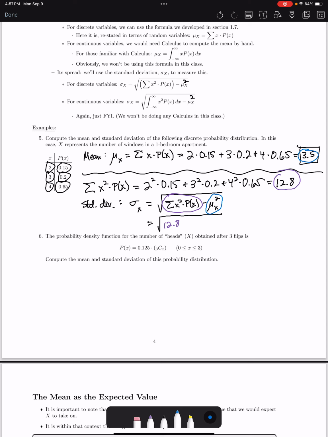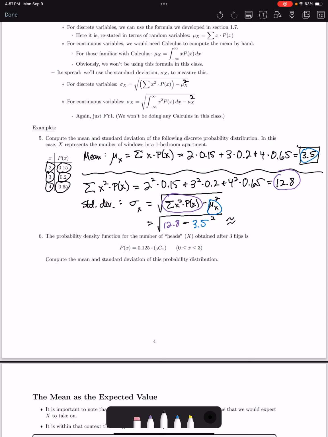Only we have to square the value. So maybe let me be more careful, right? This chunk is that. So this is going to be minus 3.5 squared. Okay, but we can punch this into our calculator now and see what we get.